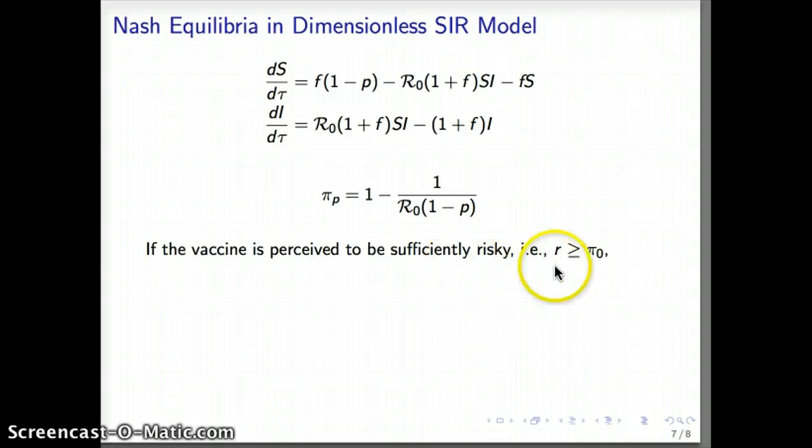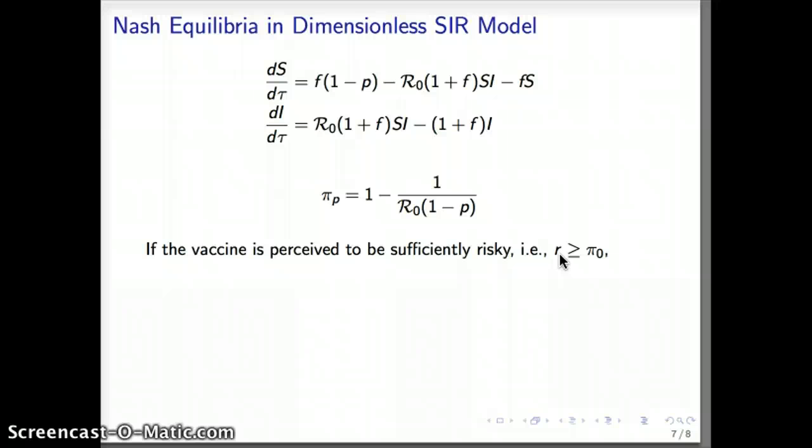And remember, this R was the new parameter that we defined, the relative risk. It's defined in terms of both the morbidity risk from infection and from vaccination.